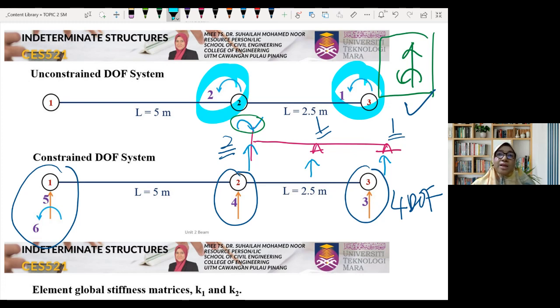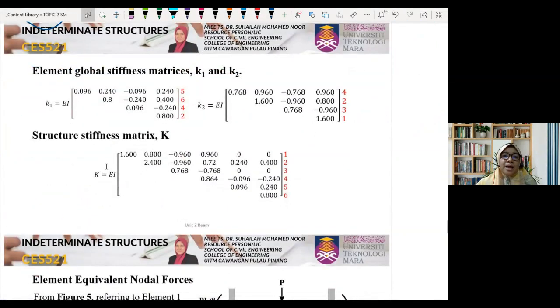When we don't know the value of the unknown displacement, we cannot determine the unknown reaction. We must determine the unknown displacement first. Okay, so move to the next slide.